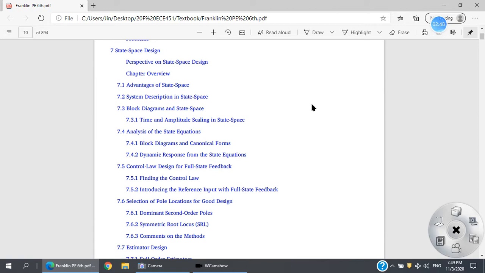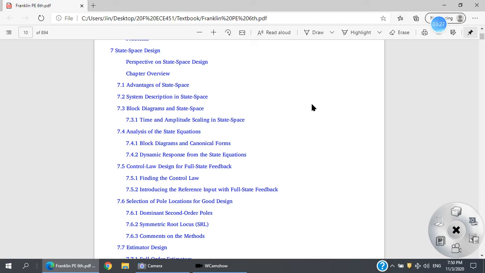So we cover sections 7.1, 2, 3, 4, then 7.5, and find the controller, introduce the reference input, and the way to force the feedback. Yeah, we have this part. 7.5, then 7.6. Oh, I don't have 7.6.